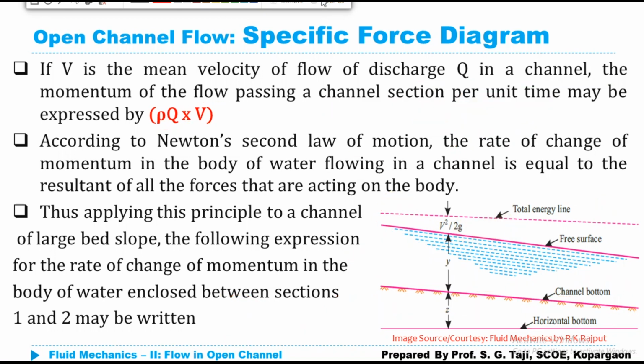So we are going to write down the equation for the forces and equate it with the rate of change of momentum in between section 1 and section 2. So let's proceed.